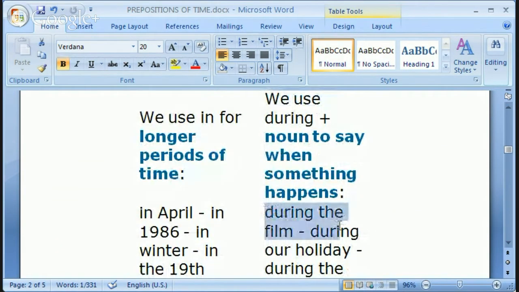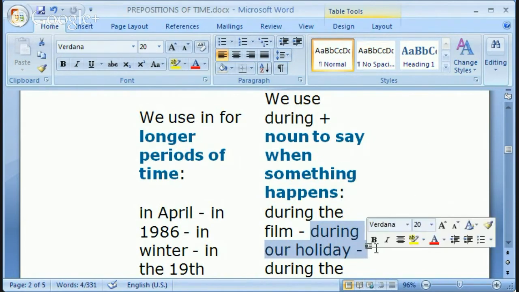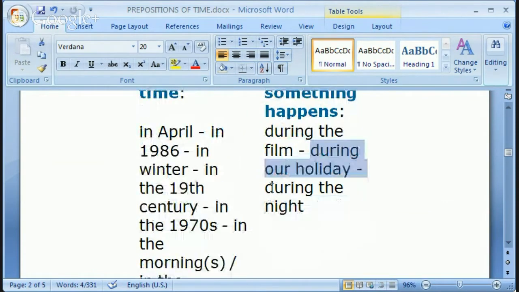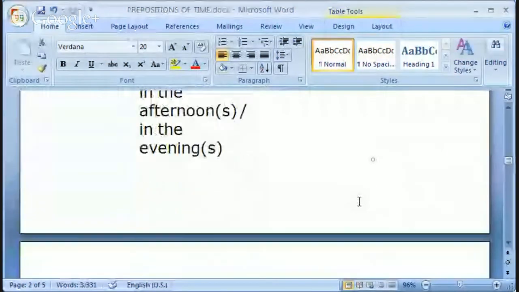During the film, meaning the time period from the start of the film to the end of the film. During our holiday, same thing, from the first part of your vacation to the end of your vacation. During the night: I fell out of bed sometime during the night.